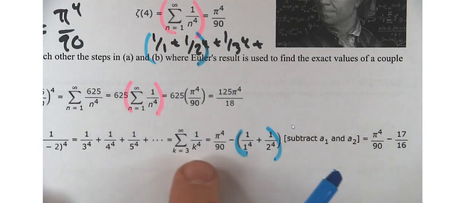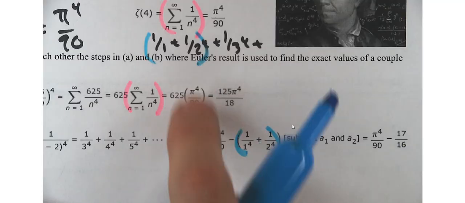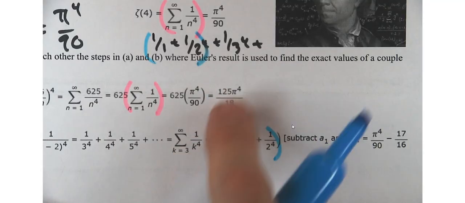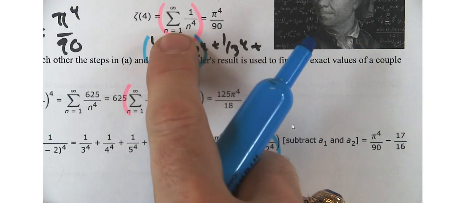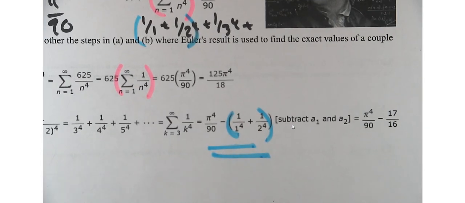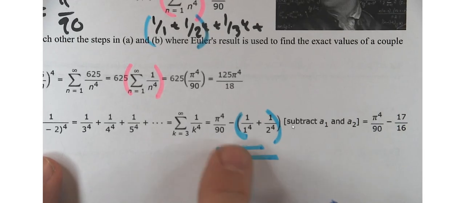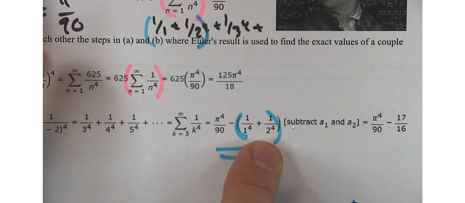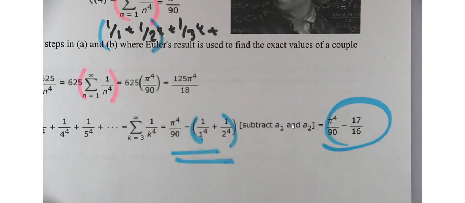So if you say, hey, I'll just treat this as if this is the sum of all of these things minus this part, that's where you get your answer. You're just adjusting the starting point and subtracting off the terms that you're missing right there. So here's your final answer on that one.